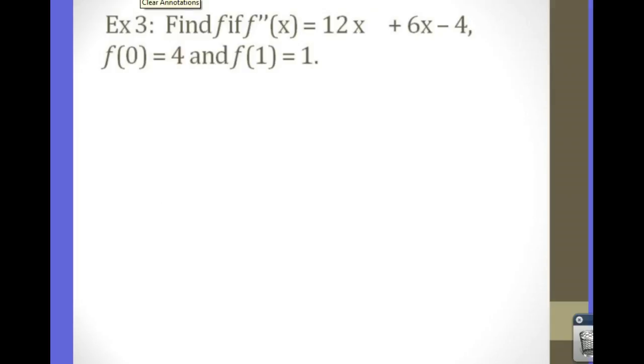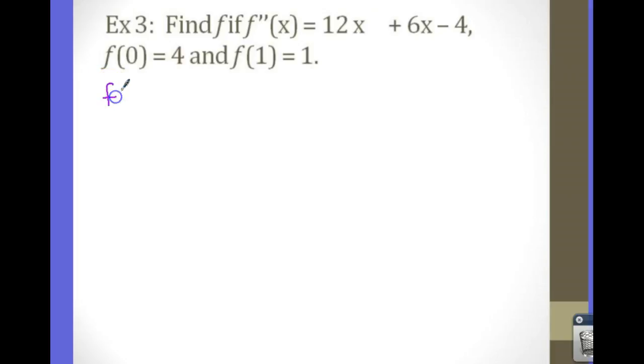Here's where I said it was important to label correctly. We are given f double prime of x, and we have to integrate twice to get to f of x.